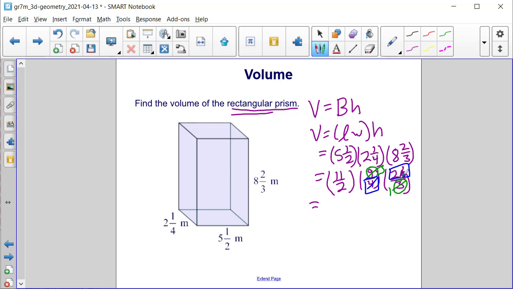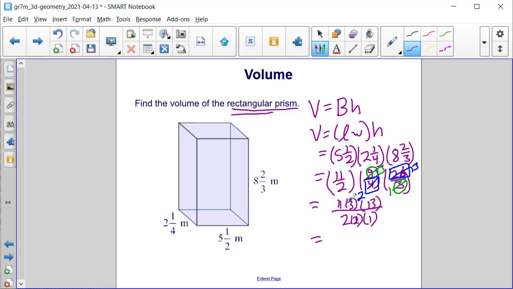Both of them can be divided by 2, I should say. 4 divided by 2 is 2, and 26 divided by 2 is 13. And now we can multiply these revised numbers together to get our solution. So we're going to have 11 times 3 times 13, and we're going to have 2 times 2 times 1.